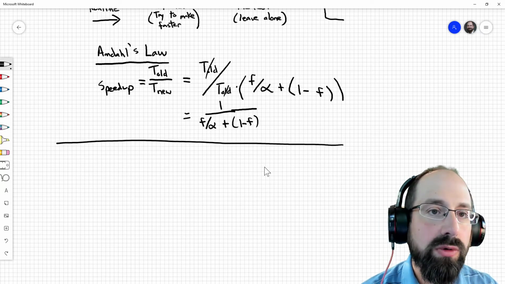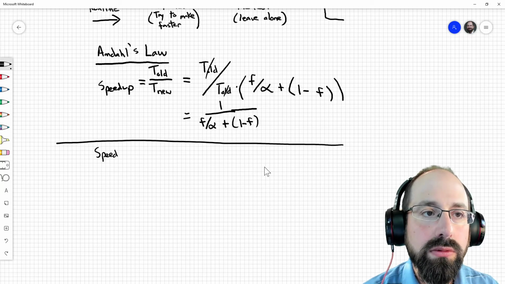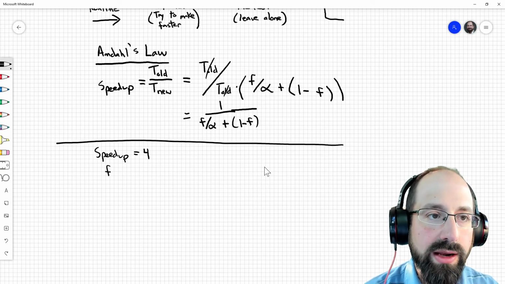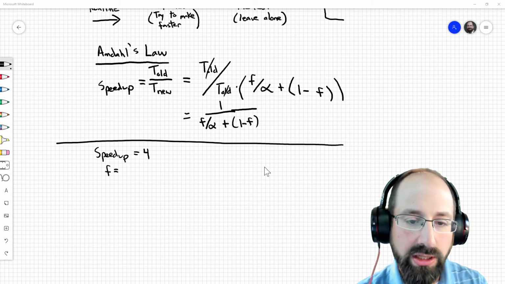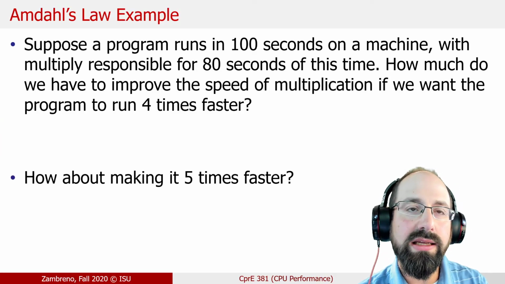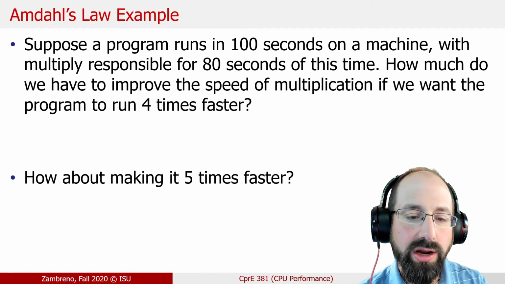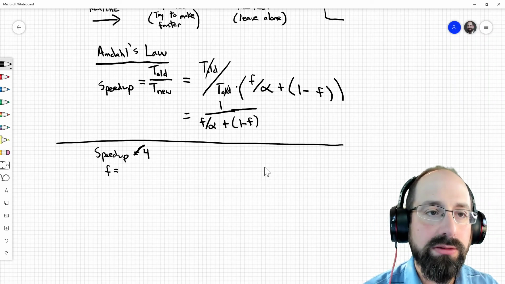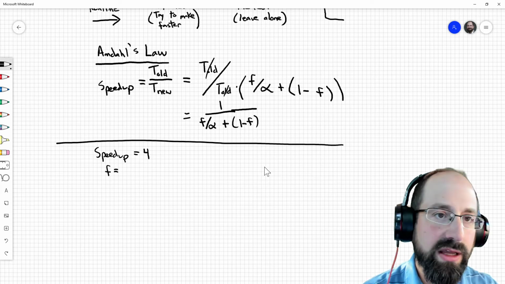So in terms of this question, we're given what we need to know. We are told that the speed up is equal to 4. And we're also told that multiplication is responsible for 80 seconds of a 100-second runtime. So the best way to reason about this question would be just to say F equals 0.8.